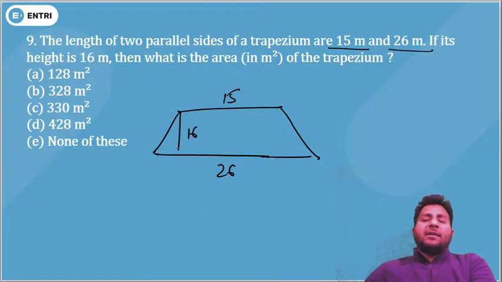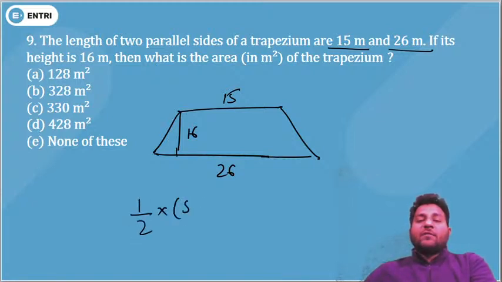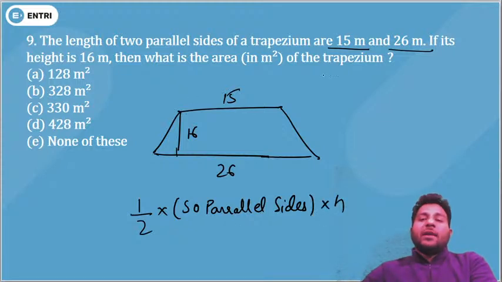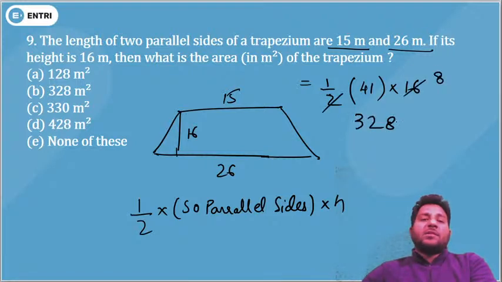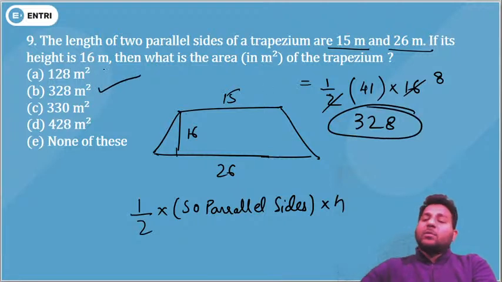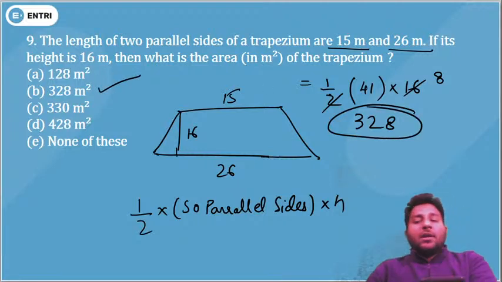Clearly we know the formula for the area of a trapezium is half into the sum of parallel sides into height. So it will be half into 41, multiplied by the height. So its area will be 328 meters square. It was an easy question. All you need to know is the formula.